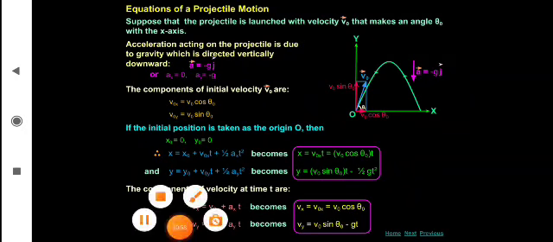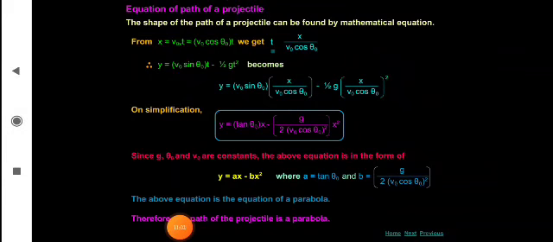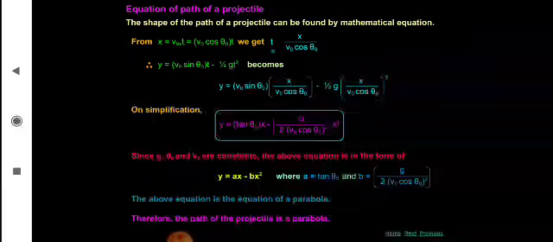So x is equal to v naught x t, which is v naught cos theta naught into t. From that equation we get t is equal to x divided by v naught cos theta naught.